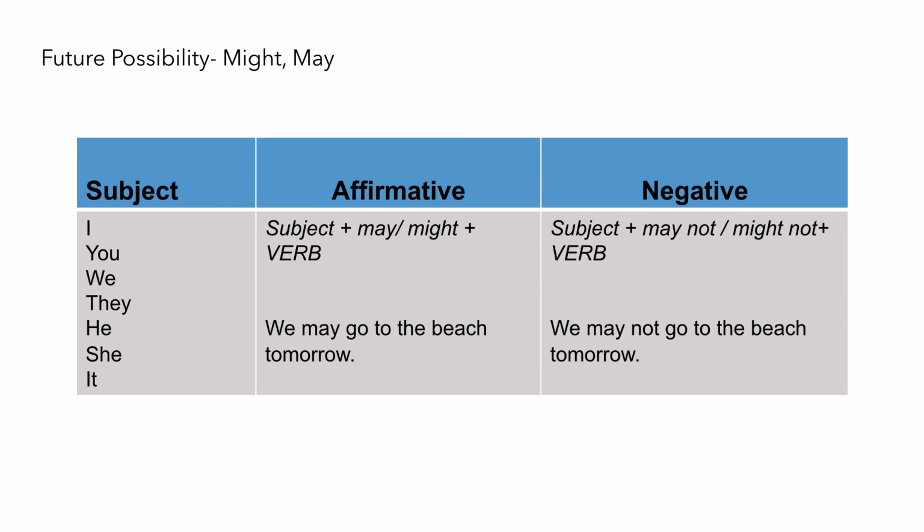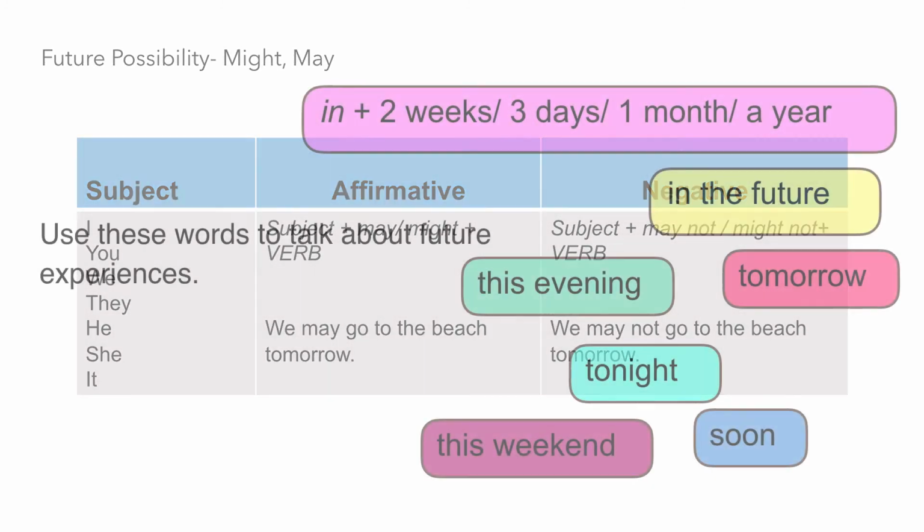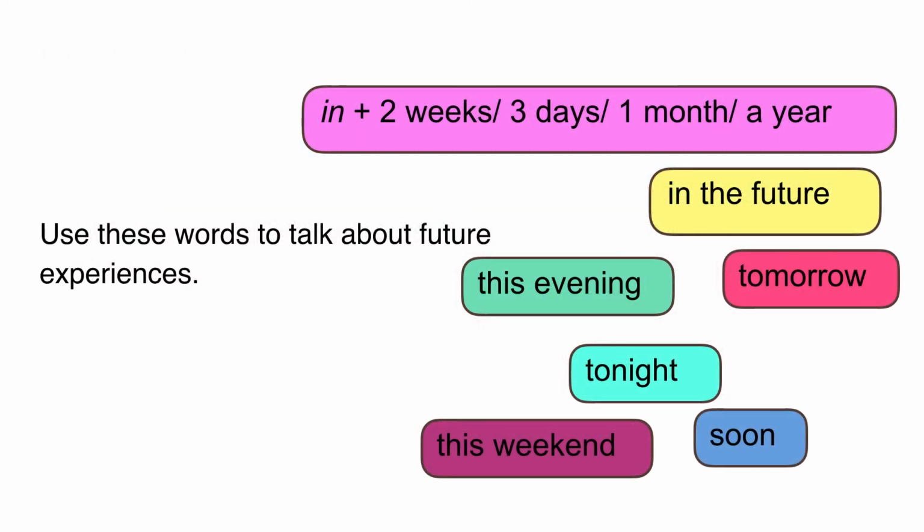When we use might or may, they're the same with every subject. They don't change, just like will. After might and may, we use the base form of the verb. When we talk about the future, we can use these types of time words.